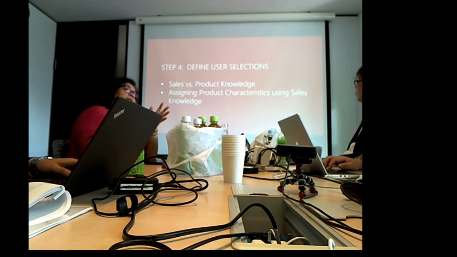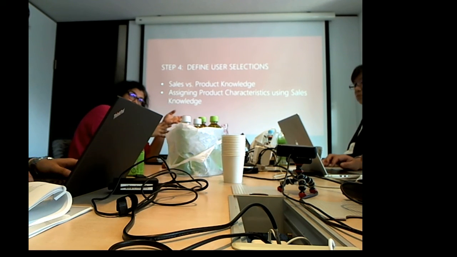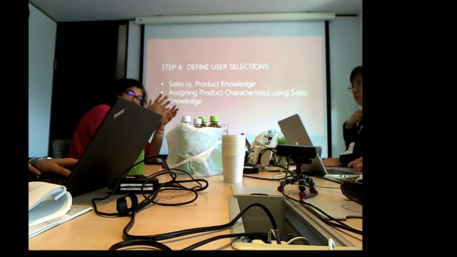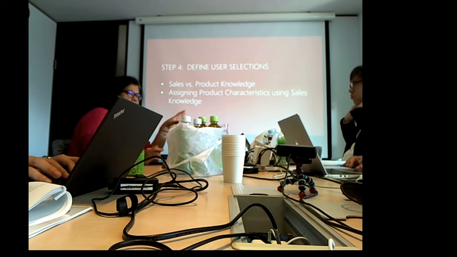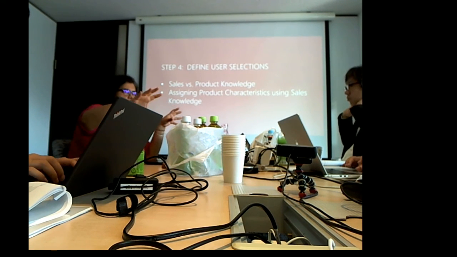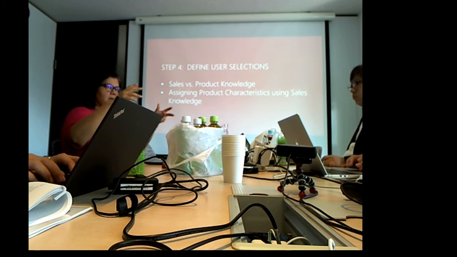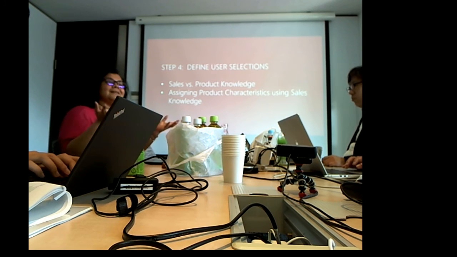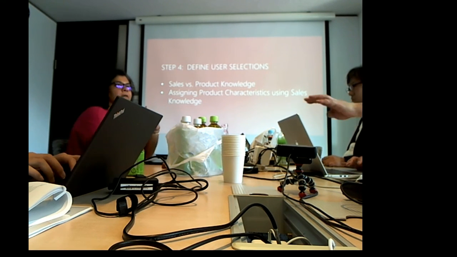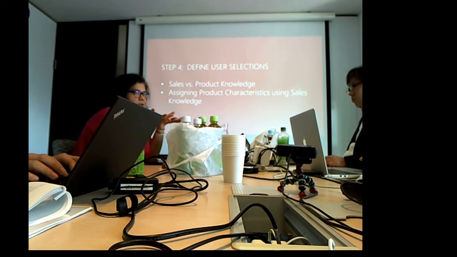But constraint rule is only used for yes, no, valid, invalid. So if a customer chooses one option and tries to choose another option, if they don't match, then invalid. But if the customer chooses the first option, chooses a valid second option, then it is a valid combination. For those kinds of things, constraint rule is useful.